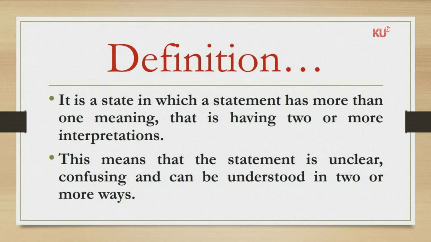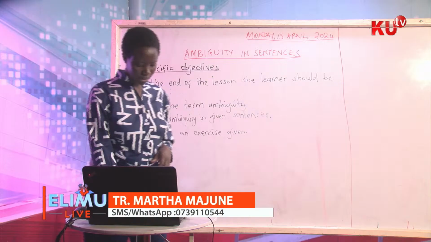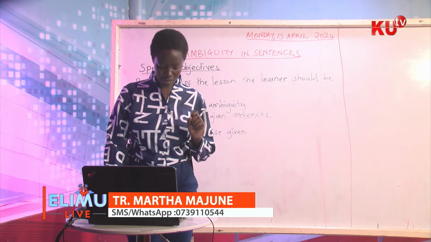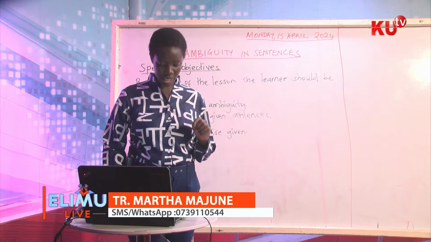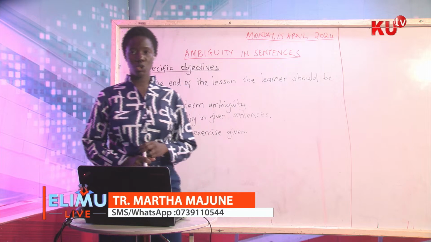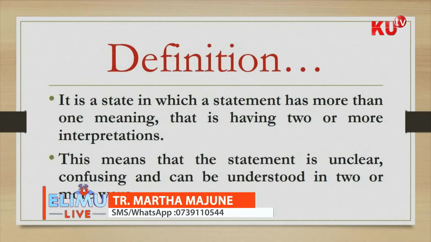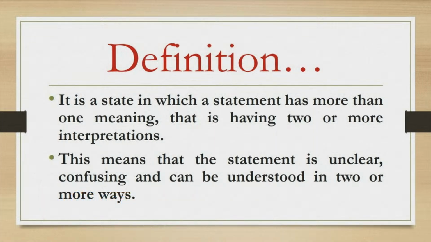So you don't understand whatever they mean as per what they are saying. So that is basically what ambiguity is. This means that the statement is unclear, confusing, and can be understood in two or more ways.